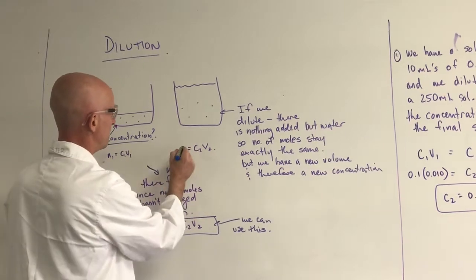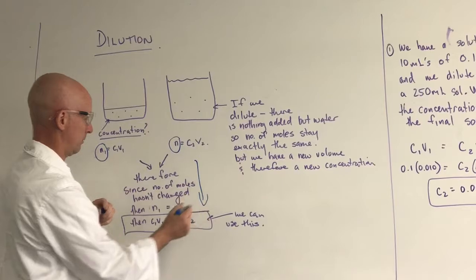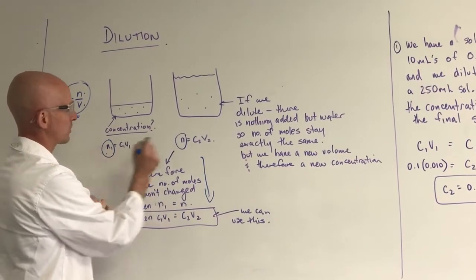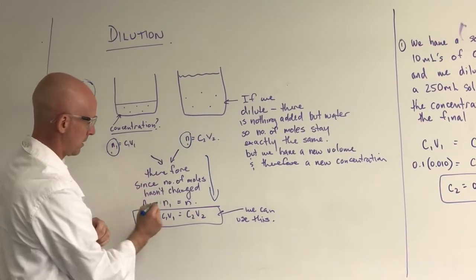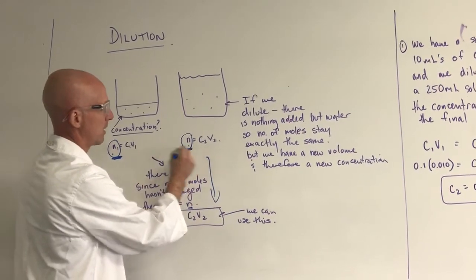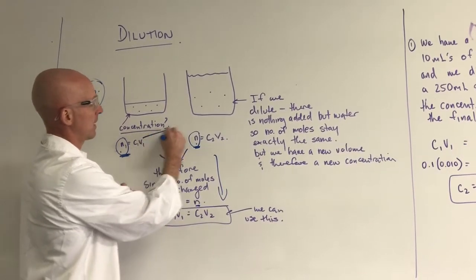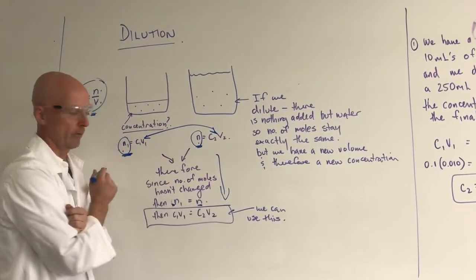If the number of moles has not changed, look what can happen. If the number of moles hasn't changed, then n1 equals n2. This number of moles equals this number of moles. And therefore, this part of the formula on the other side of the equals sign is also equivalent.